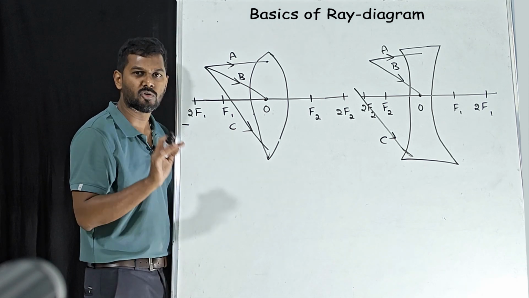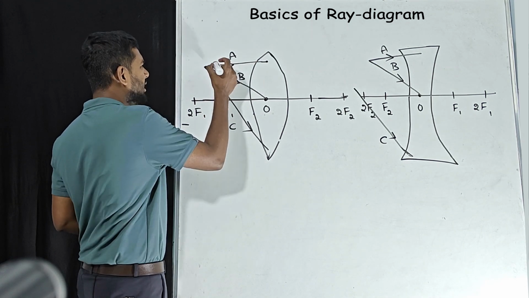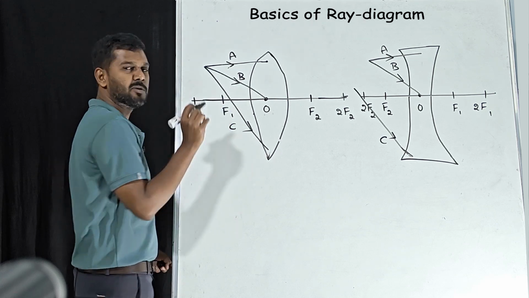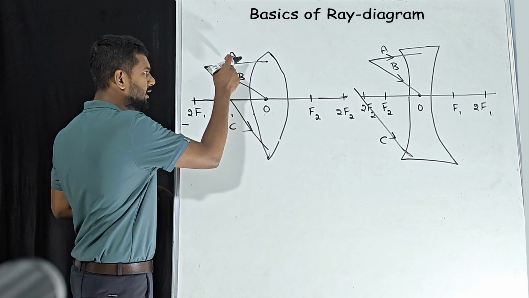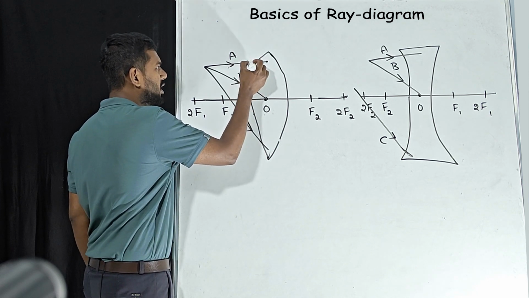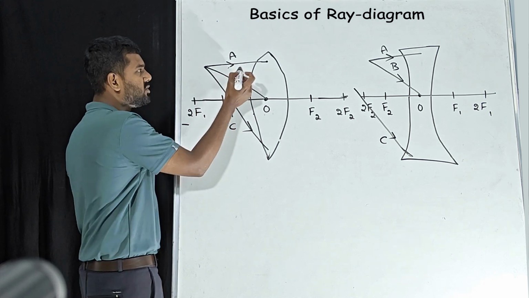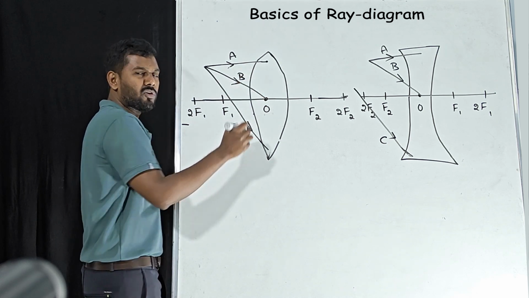For now you have to understand, if the ray is parallel to the principal axis, see this line is exactly parallel to the principal axis, correct? Whenever you are drawing the ray diagram, it should not touch the surface of the lens, it should be the middle, till the middle you have to draw.